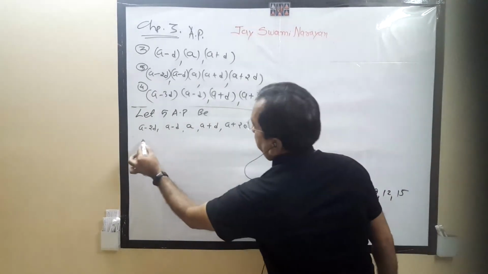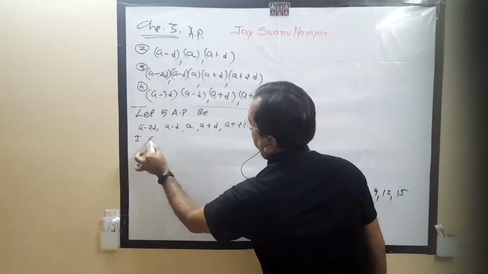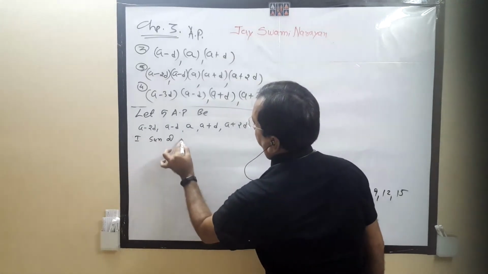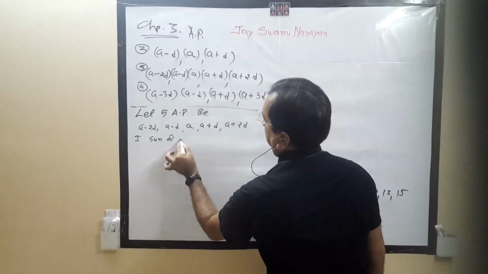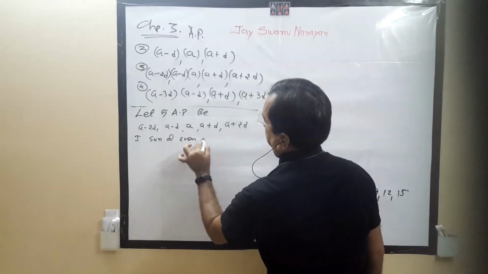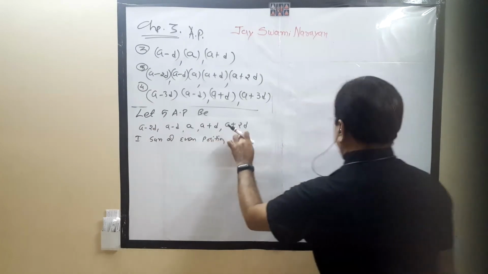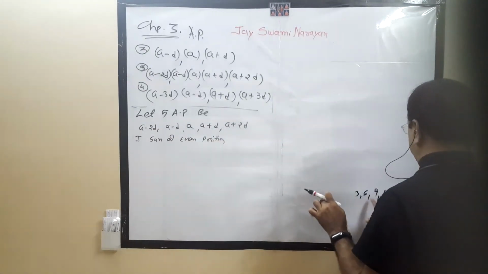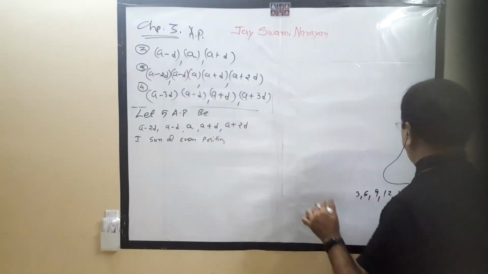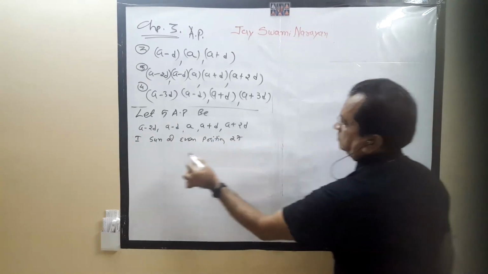Condition number 1, sum of odd position is 27.